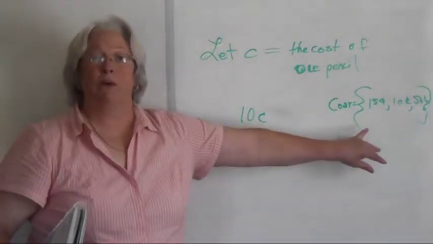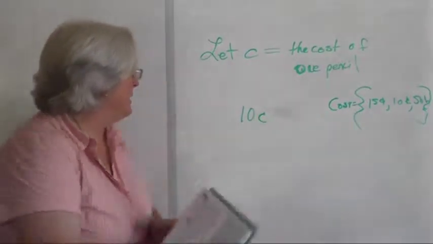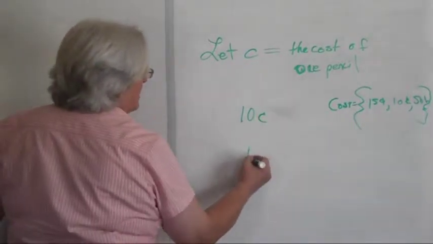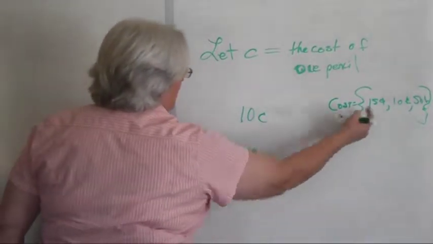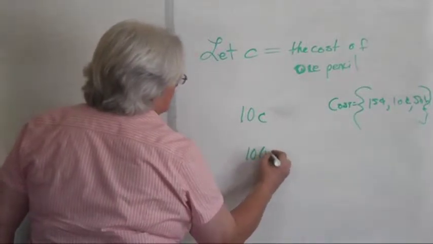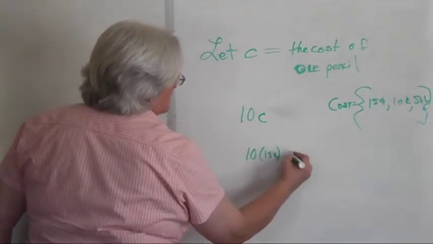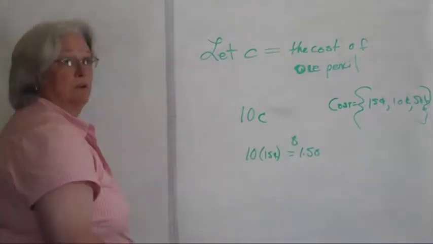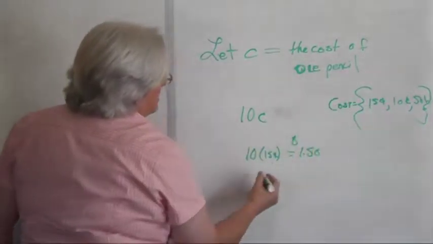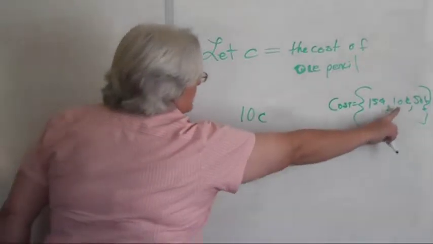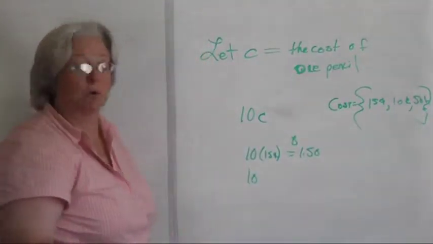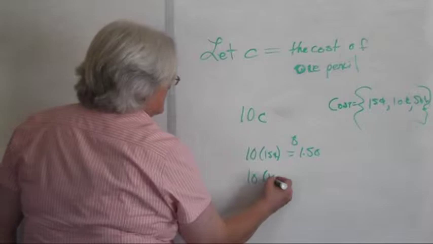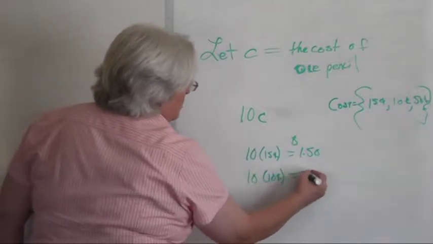What are the pencils going to cost at store A? Well, it's going to be 10 times this value from the domain, 10 times 15 cents, which is 150 cents, $1.50. This one here, what is the cost of the pencils at the second store? 10 times 10 cents, or $1.